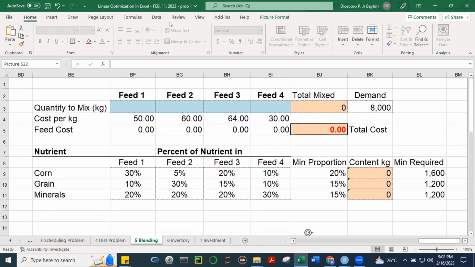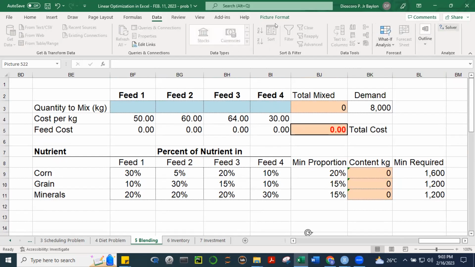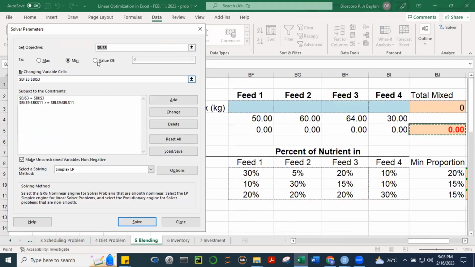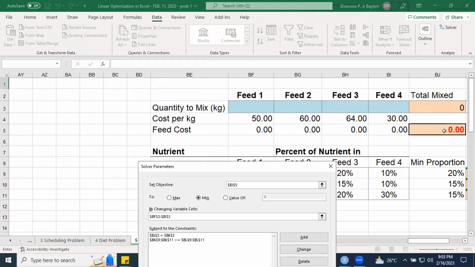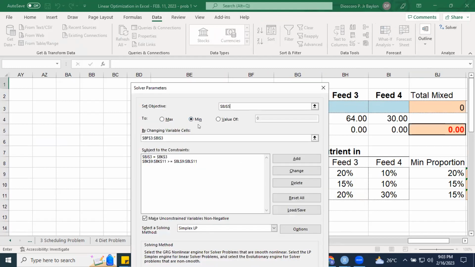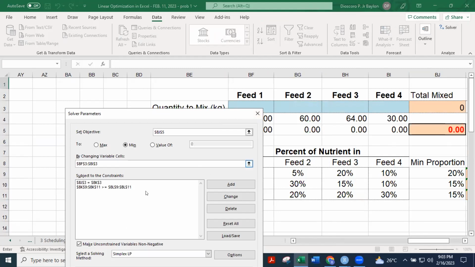Okay, so let me show this, data, solver, and then this is my solver parameters. Objective is BJ5, this one. Minimize, and then our changing cells is this one.